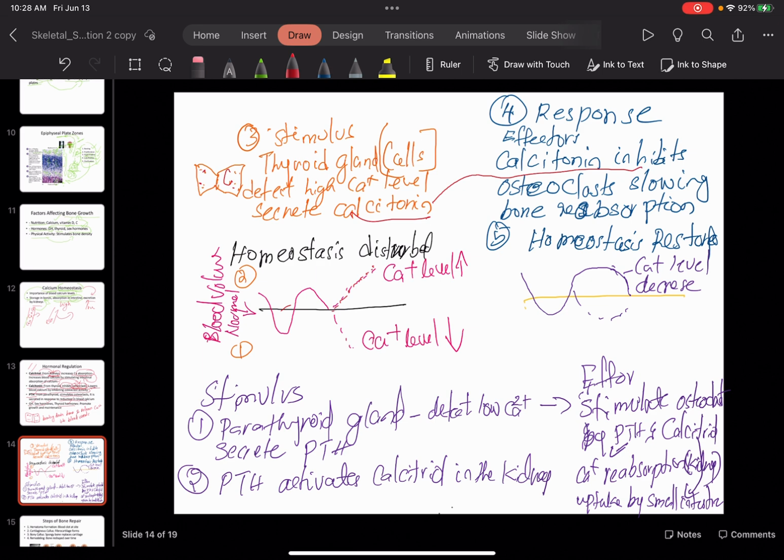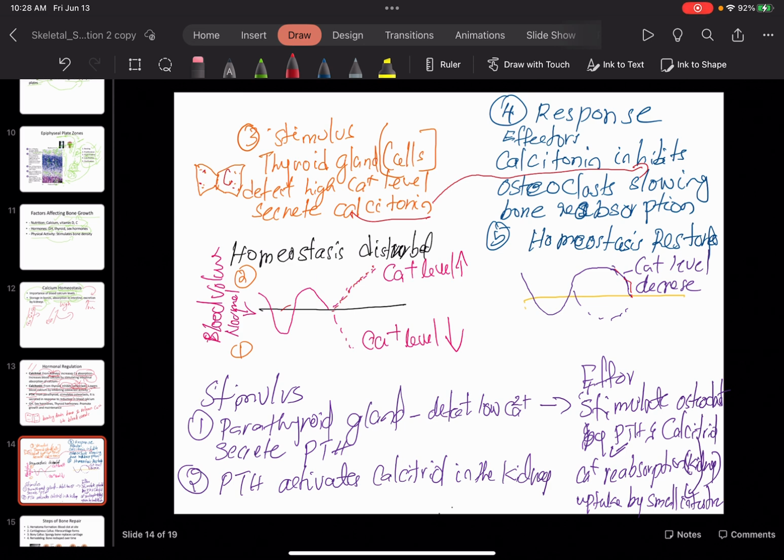They inhibit the osteoclasts, slowing bone resorption. Then breaking down the bone is going to be stopped, so less calcium is released into the blood. So what happened? That restores the homeostasis by lowering the calcium level in the blood vessels.